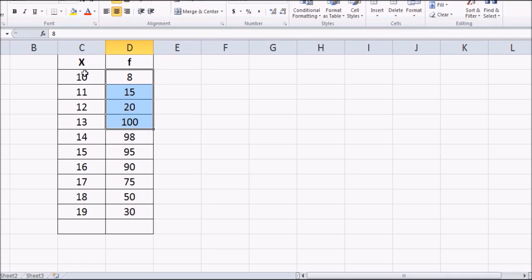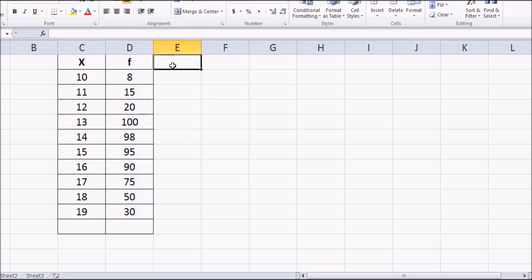And then it recedes back very gradually from 100 to 98, 95, 90, 75, 50, 30. So it's coming down gradually, whereas it jumped all of a sudden. So of course this is a case where we can say that it is not regular.